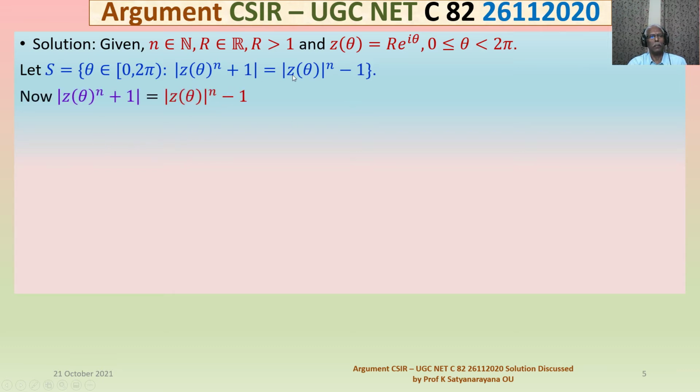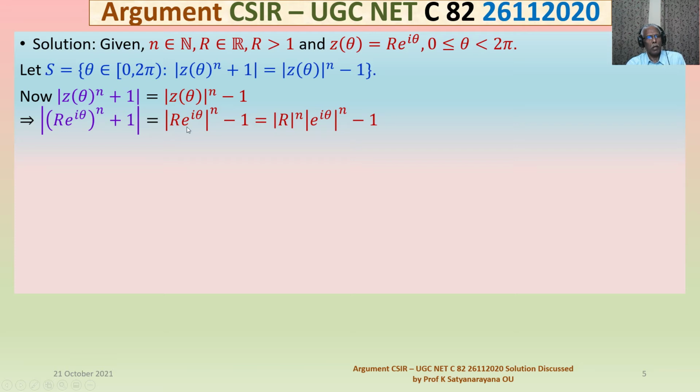Now let us take the equality given in that set and substitute z(theta) = r e^(i theta) in this. So this is |(r e^(i theta))^n + 1| = |(r e^(i theta))^n − 1|. The modulus of (r e^(i theta))^n is r^n times |e^(i theta)|^n. The modulus of r^n is r^n because r is greater than 1, and the modulus of e^(i theta) is 1.